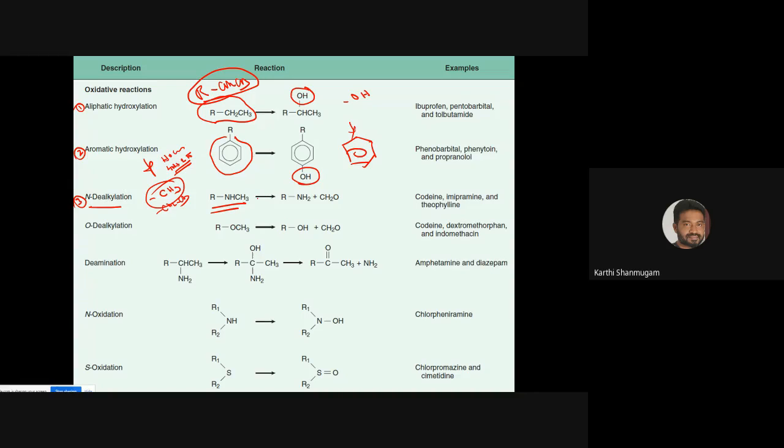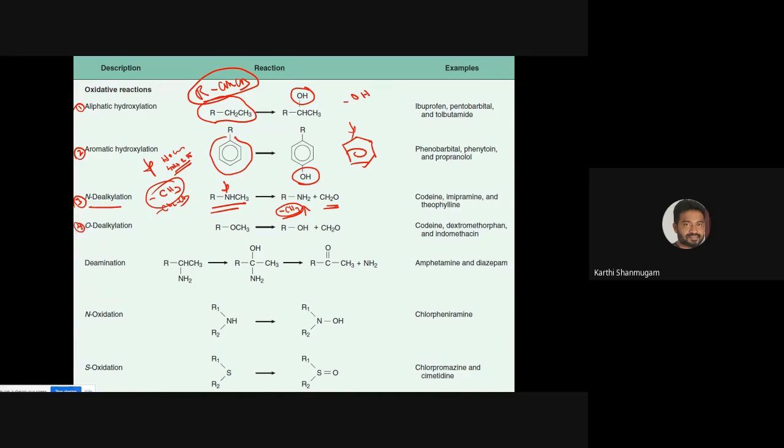After the enzymatic reaction, this parent molecule is converted into RNH2 plus CH2O. If you look at the product, there is no CH3 group. The CH3 group is completely removed from the parent molecule. Such a reaction is an example of dealkylation, removal of the alkyl group.